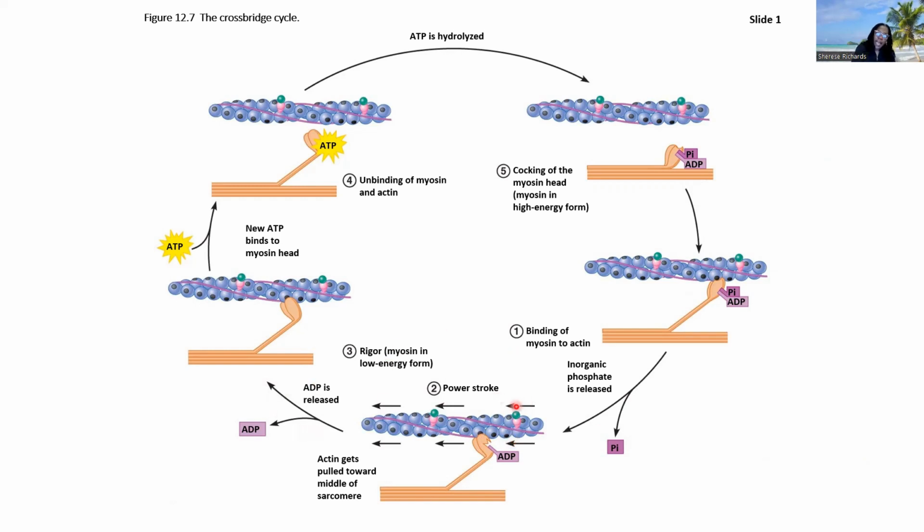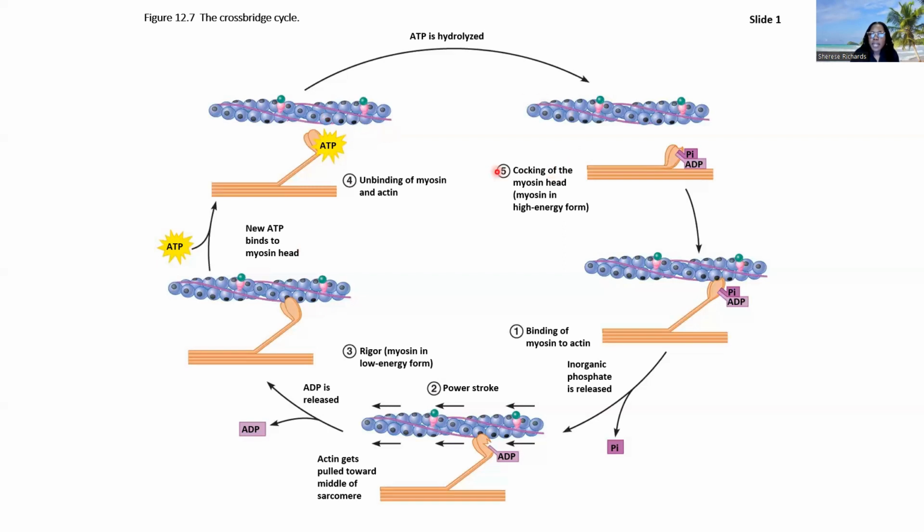So that dragging of actin towards the M line, what we call the cross-bridge cycling, is basically bringing that actin towards the center of the sarcomere. And then when the new ATP binds onto this myosin head, it releases the myosin head from the actin, and then we can start the cyclical process.